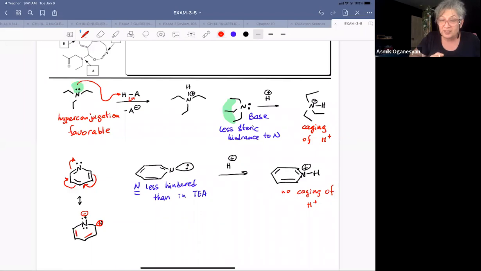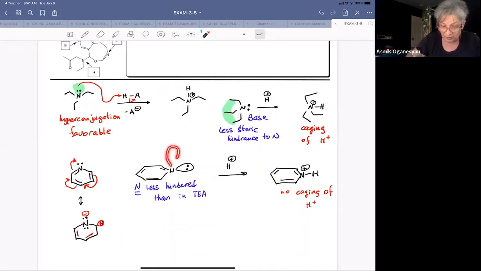Please understand that that extra lone pair of electrons on your nitrogen is actually going to be perpendicular to the ones that you originally had. So think of electron density delocalization.